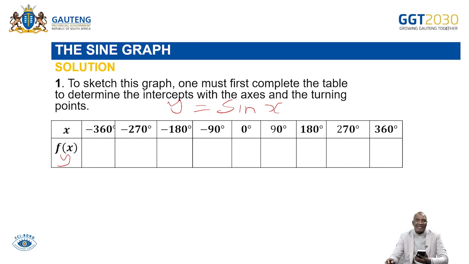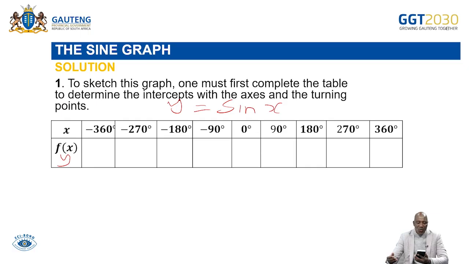Then say equals. Once you say equals, it is automatically going to display a table wherein on one side it starts from negative 360, increasing up to 360. Then on the other side, some calculators may say f of x, while other calculators may say answer.